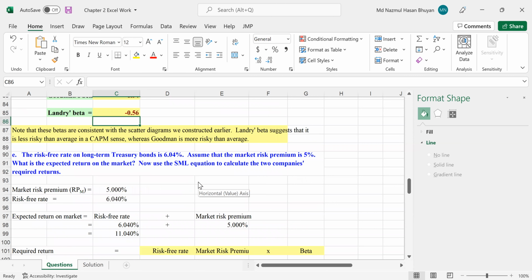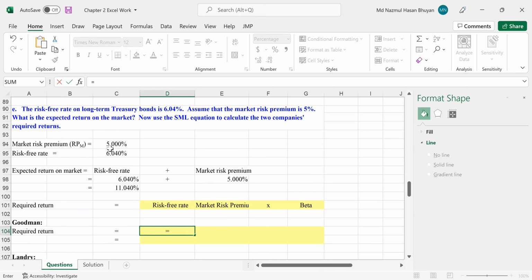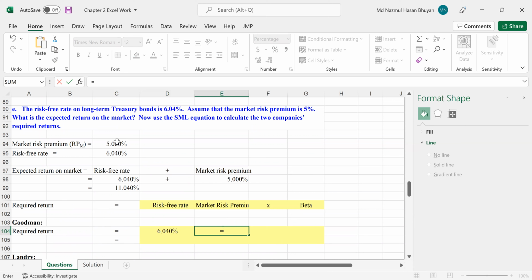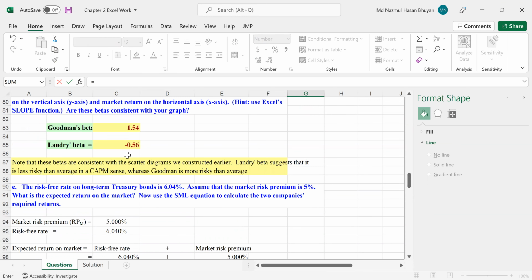Now, let us use the capital asset pricing model formula to calculate required return for both Goodman and Landry. According to the information, the risk-free rate is 6.04%. Market risk premium is 5%. Then beta for Goodman is 1.54.